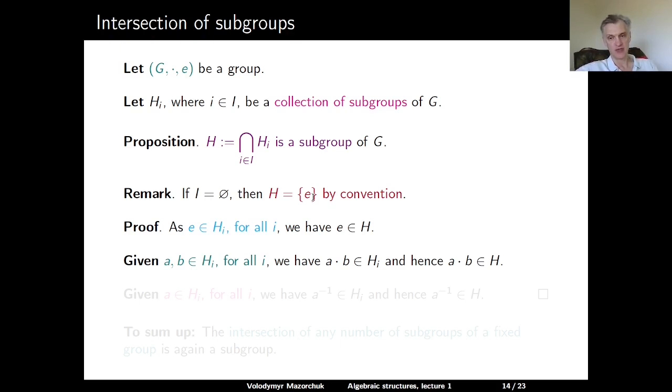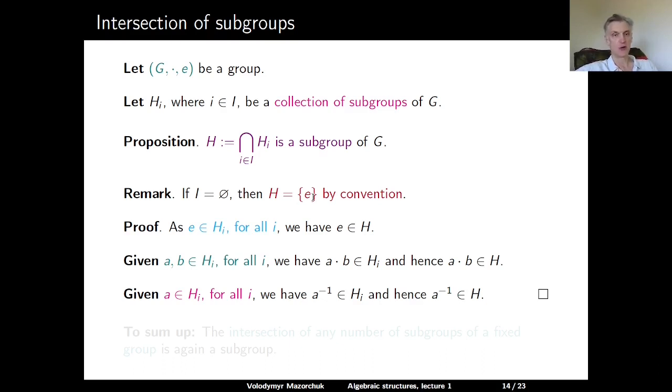Therefore, it belongs to the intersection of all H_i's. So H is closed with respect to the product. And finally, if we have an element which belongs to all H_i's, the inverse of this element also belongs to all H_i's, and so it belongs to the intersection.